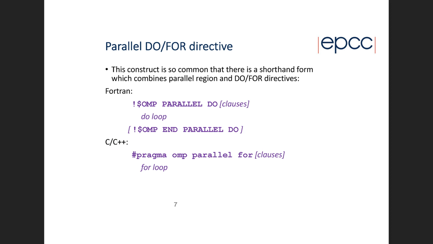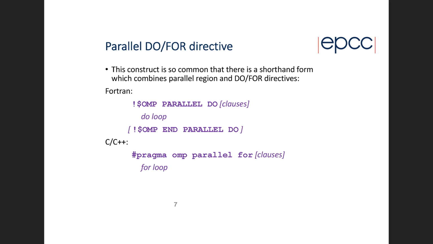Actually, this pattern is so common that OpenMP gives you a shorthand form which combines both the parallel region and the do or for directives. So instead of having a separate parallel region and then enclosing a do directive, you can do it all on one line with OMP parallel do in Fortran, followed immediately by the do loop, optional end parallel do.